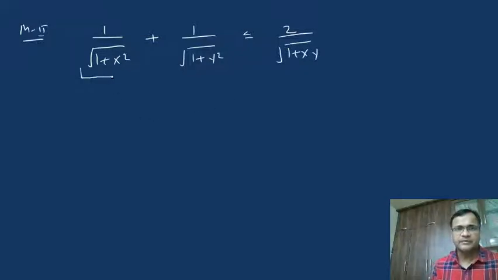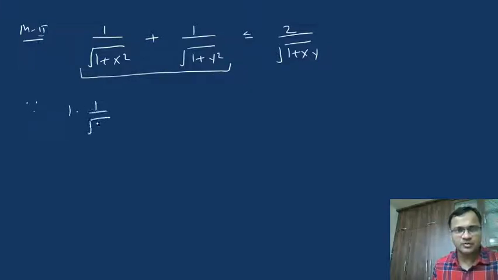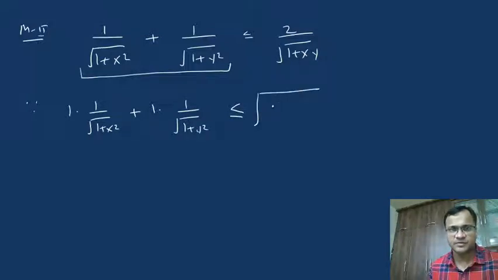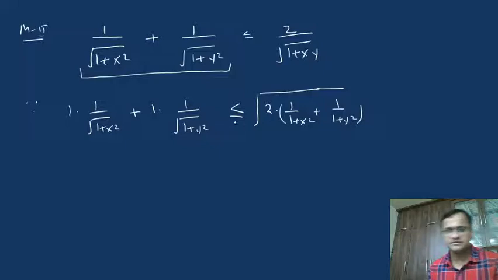Okay, now I am going to use Cauchy-Schwarz inequality on the left hand side, since 1 into 1 upon root under 1 plus x square plus 1 into 1 upon root under 1 plus y square is less than or equal to root of 1 plus 1, that is 2, into 1 upon 1 plus x square plus 1 upon 1 plus y square, using Cauchy-Schwarz inequality here.